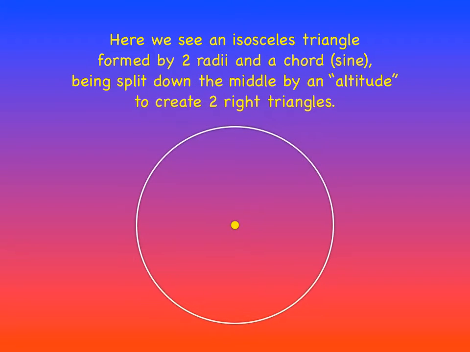Here we see an isosceles triangle formed by two radii and a chord, or sine, being split down the middle by an altitude to create two right triangles. It started as an isosceles triangle, split down the middle, becomes two right triangles.